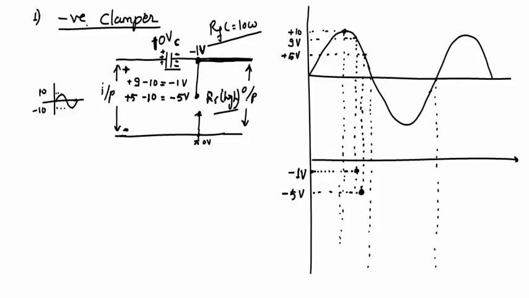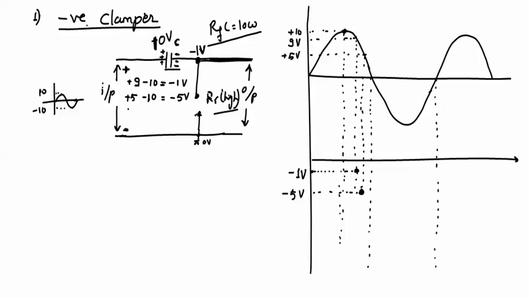So if the capacitor tries to discharge itself, then the RC time constant will be R reverse into C, which is very high. Due to a very high time constant, the capacitor cannot discharge, and if the capacitor cannot discharge, it holds a constant voltage across it, that is plus 10 volt, which is the positive peak of the input voltage.